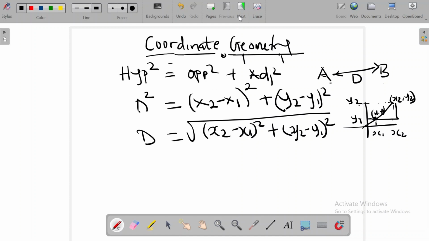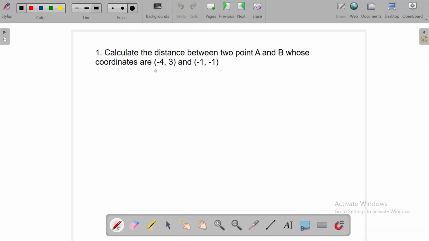Let's look at an example for us to simplify. Calculate the distance between 2 points A and B. So we have point A, value 4, 3, and point B, negative 1, negative 1. These are the coordinates. So we have this for the first coordinate and this for the second coordinate.